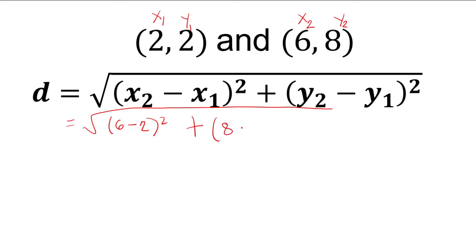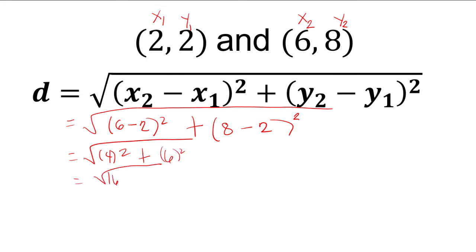So 8 minus 2 quantity square. So 6 minus 2, that is 4. 4 square plus 8 minus 2 is 6 square. So 4 square, that is 16, plus 6 square, that is 36. 16 plus 36, 52.